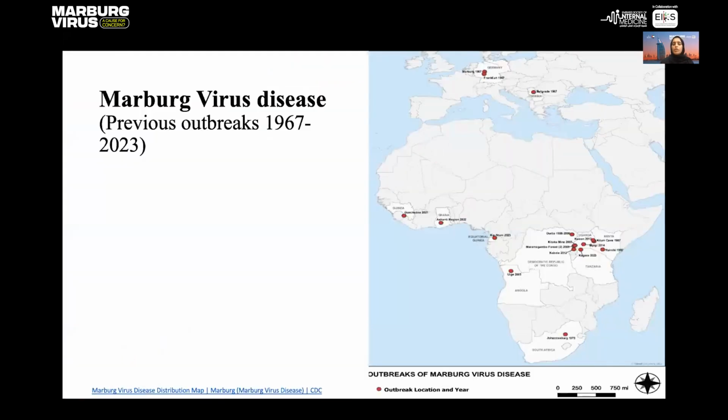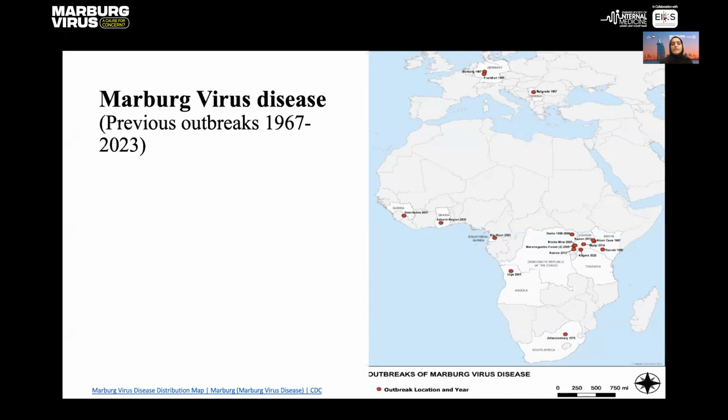So that's a global map that shows the countries that suffered from Marburg virus disease outbreaks from the 1960s until 2023. You can see some European countries, including Germany and Serbia, but mostly African countries have been affected.